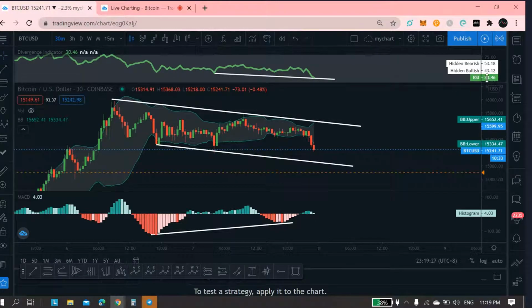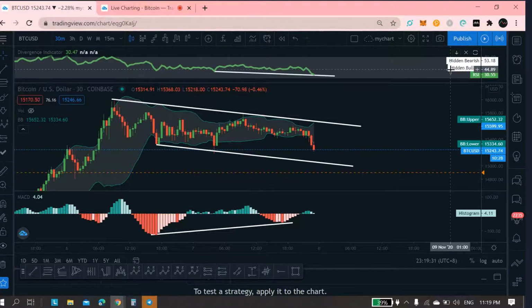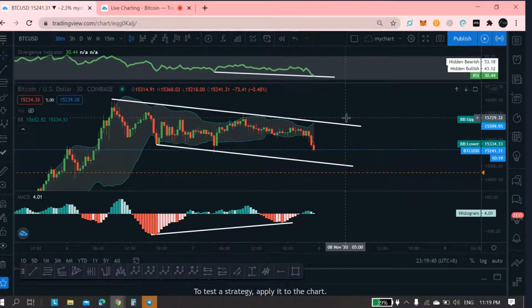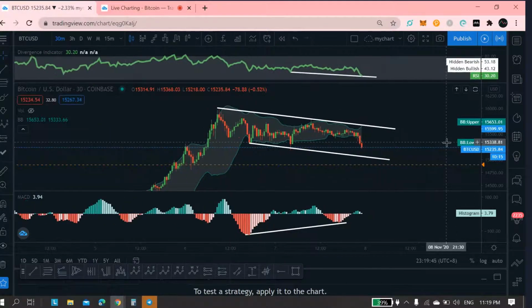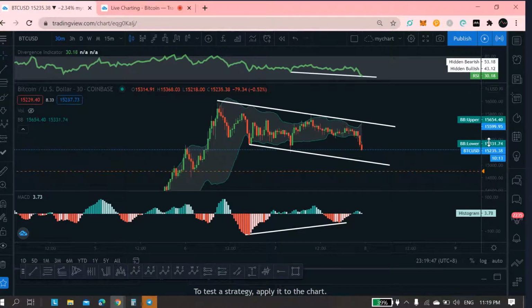RSI is already at 30.47, which is already below the hidden bullish. So I'm expecting a possible reversal, just for scalping. Anyway, let's see. I might possibly test buy here and another possible test buy here if it goes lower at this 15,000 area.